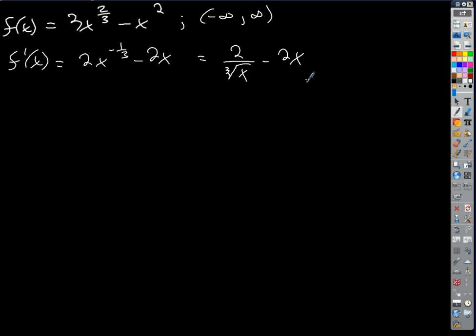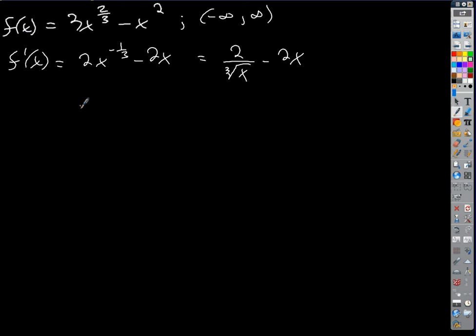So we gotta find critical numbers, right? So is that equal to 0? One thing I can do is set it equal to 0, but you also can't divide by 0.